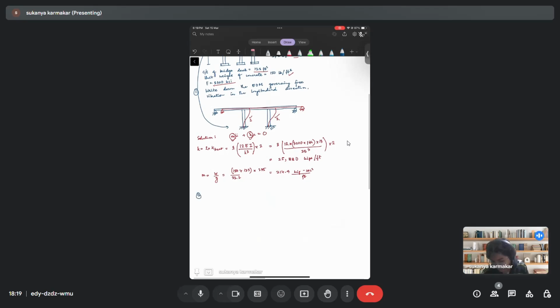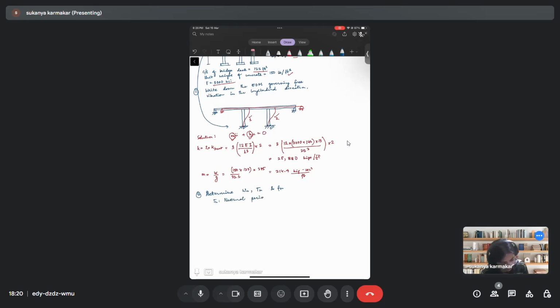Now in the second part, you have to determine basically omega n, Tn, and Fn. This is the natural. Tn is, what is Tn? Tn is the natural period of vibration.